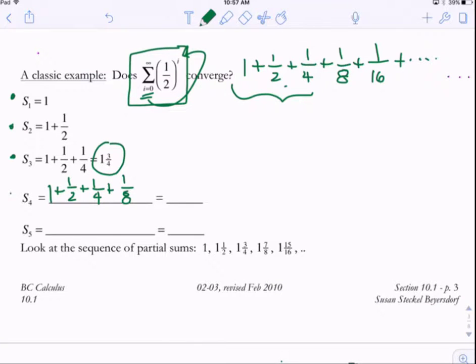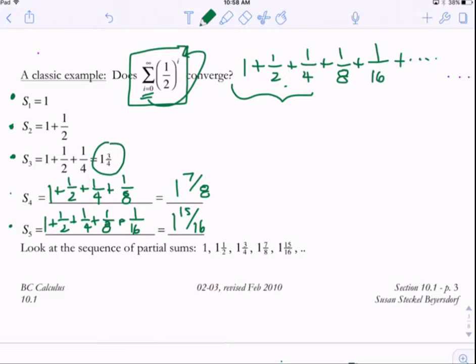So 3/4 plus an eighth is what, 1 7/8. The fifth partial sum is all those plus one more, plus 1/16. So that's going to be 1 7/8 plus a 16th, which gives me this. You can pause and check that if that arithmetic was too fast for you.